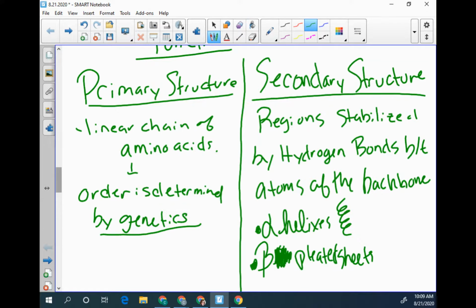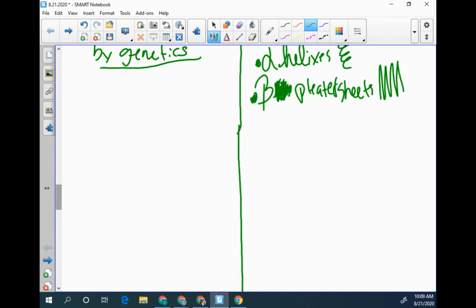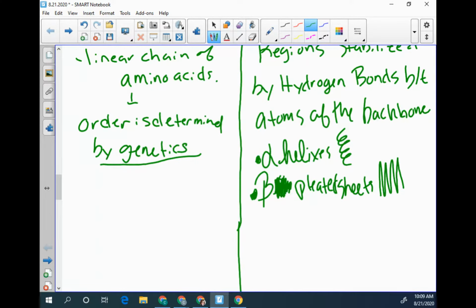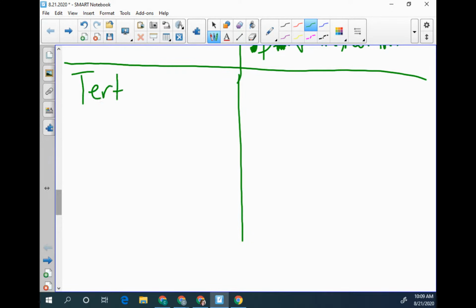And in our beta pleated sheets, they essentially do that. I can show you a more 3D rendered picture that's not just me drawing on the board after we get through all of our levels. So that's primary and secondary. We also have our third level, our tertiary structure.